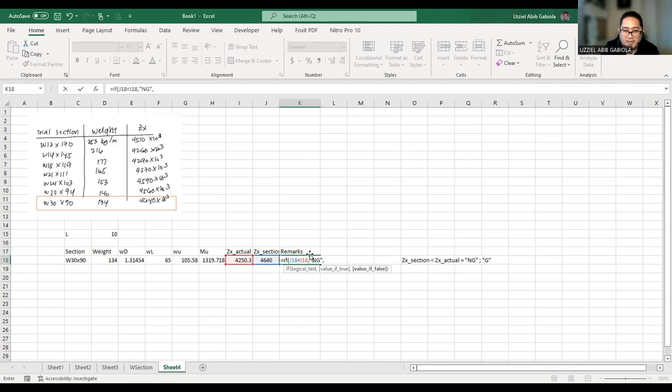Tama ba? Wait lang ha. Balik tayo doon sa slide natin.